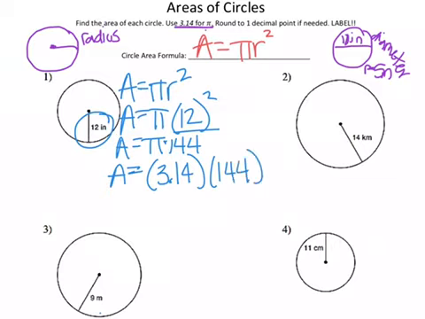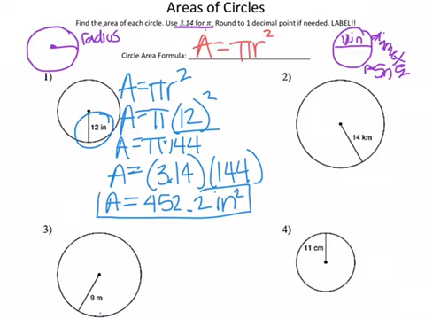So we're going to do that, and then round to one decimal point. So the area that I end up getting is 452.2 inches. Now for area, you always label it squared. Realistically, you should have gotten 452.16, but it said to round to one decimal place.